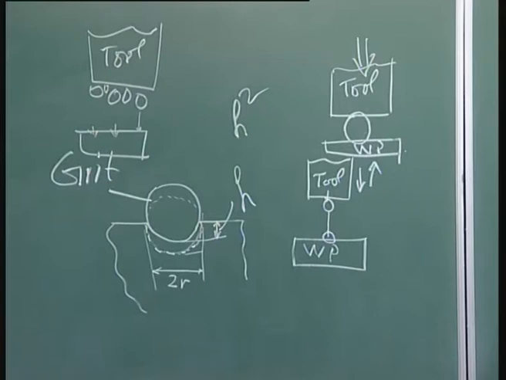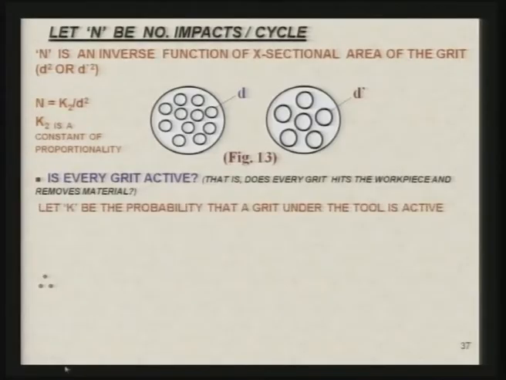So, what is done, let k be the probability that a particular grit under the tool is active, or it is hitting the workpiece and removing the material.